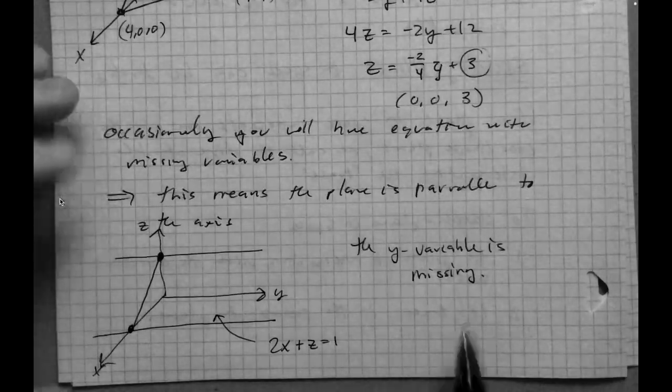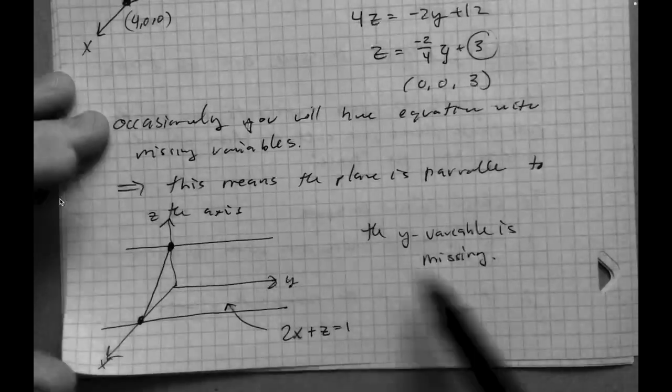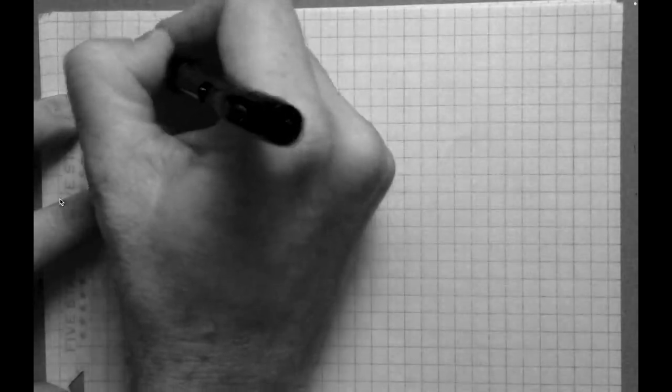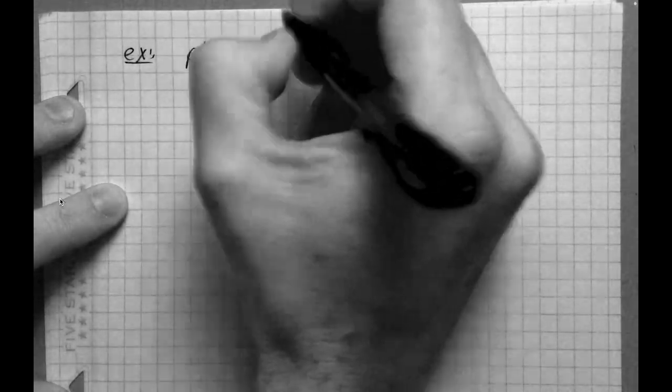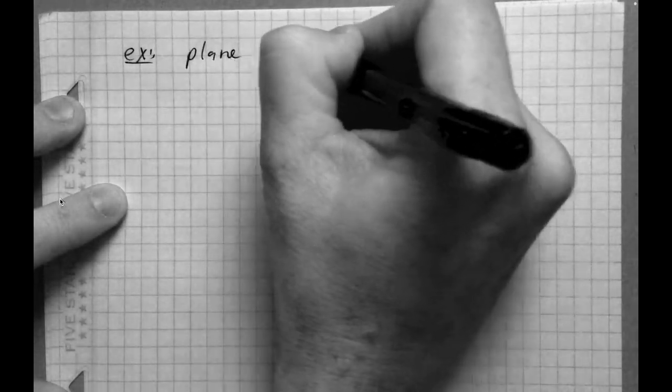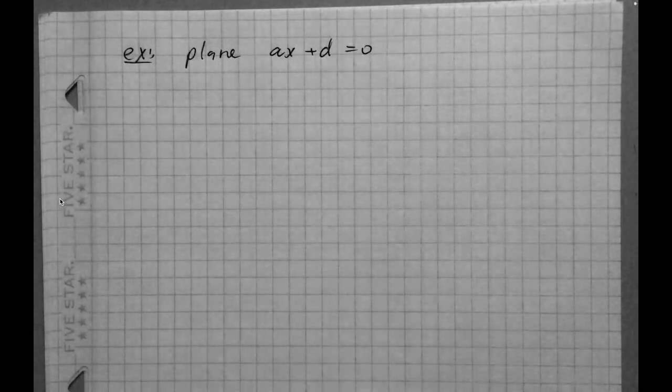Now, that's the case where you have a plane that's parallel to one of the axes. It can also be the case that your plane is parallel to more than one axis. Let's do an example like that. If I have a plane that looks like this, maybe ax plus d equals 0, so I just have the x variable, no y or z.